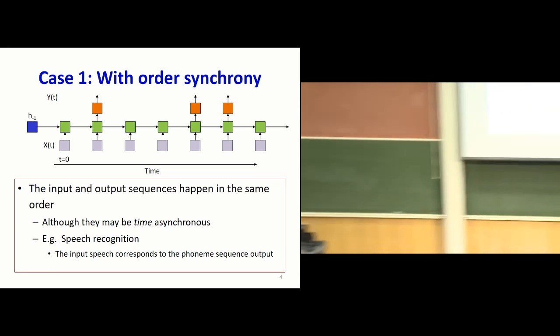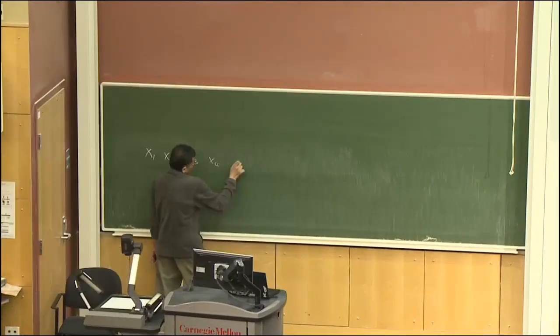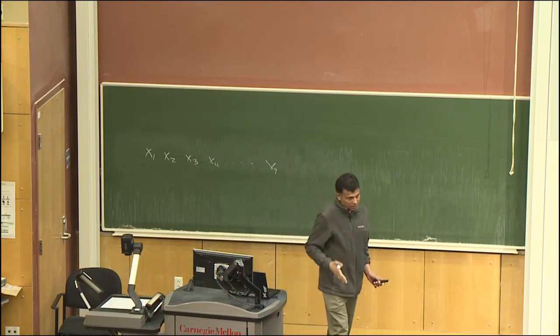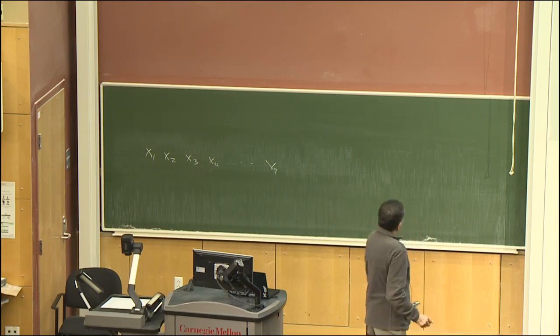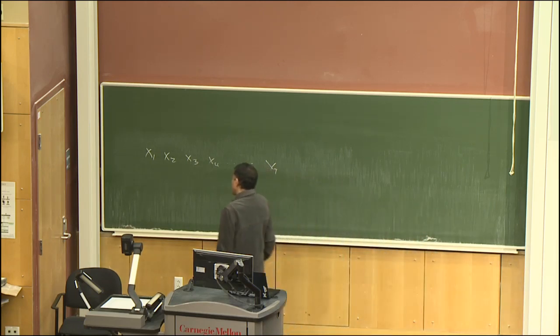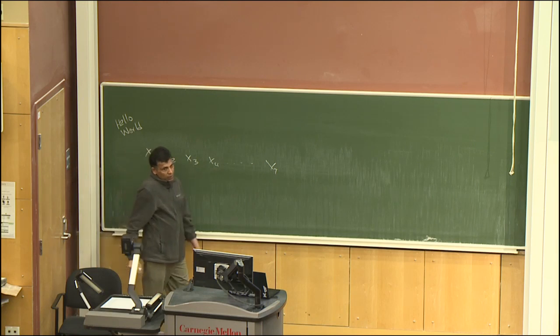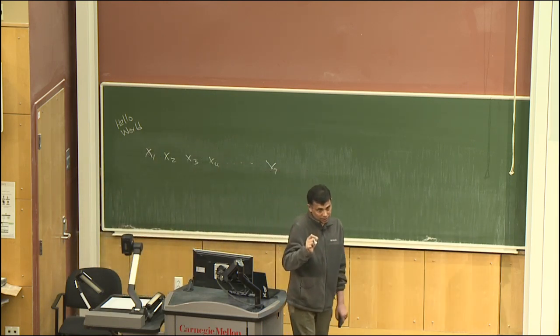Let's say these are my speech vectors. We've been dealing with speech. You have a sequence of spectral vectors. And then the actual sentence is, hello world. So you know exactly where the word hello ended.